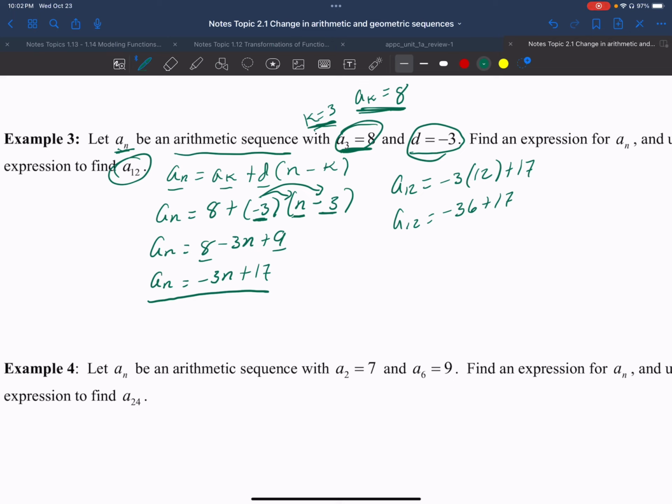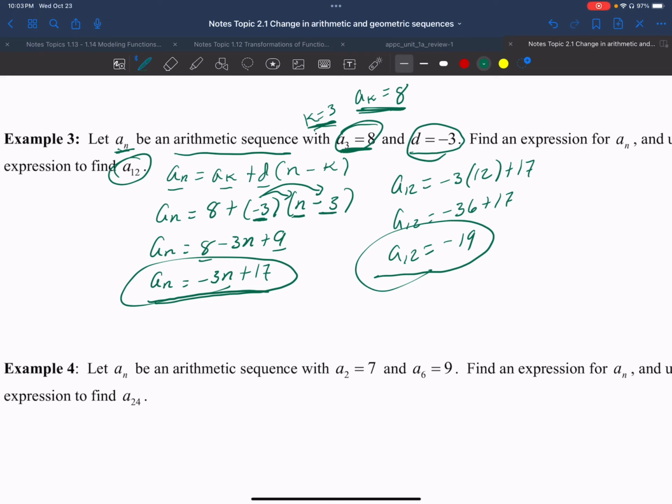And then I just need to simplify that. So a sub 12 is equal to negative 36 plus 17, which is going to be negative 19. And then that will be my second answer that I need. So the question was asking me for two different things.